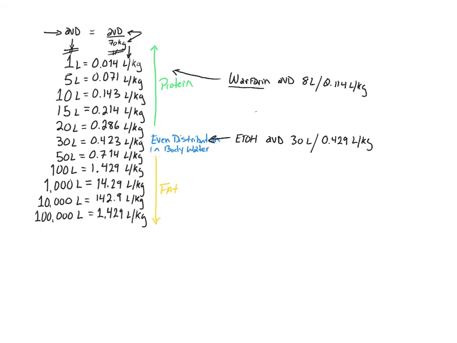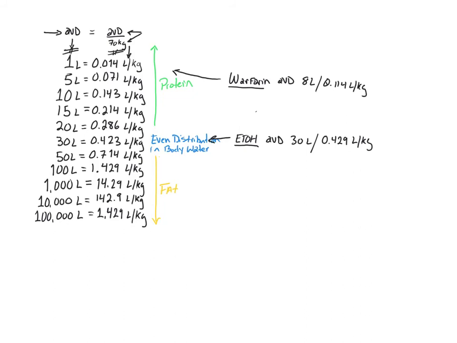Well, when you drink alcohol, it distributes itself fairly evenly throughout all the water in your body. The closer you get to the actual value of total body water, 40 liters, the more evenly distributed throughout the body water that drug is.